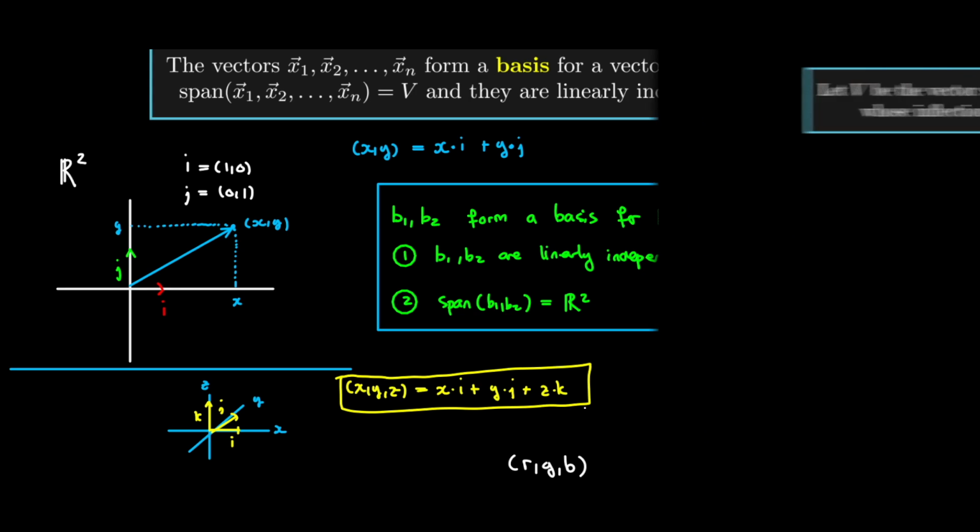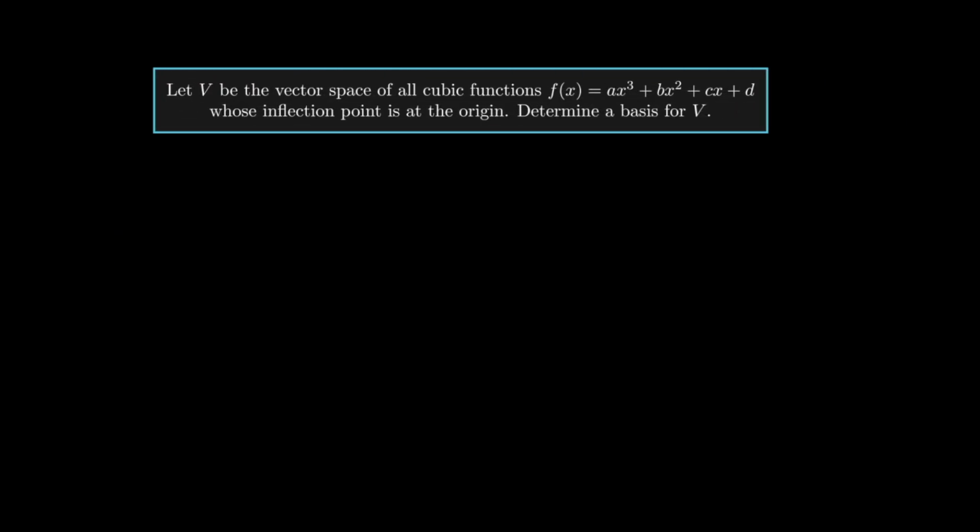All right, let's move on to an example. Okay, so let's take a look at this question here, and let's try to bring all the concepts together with this one example. So we're given a specific vector space. Let me just elaborate a bit about what this vector space is. The underlying set of the vector space is the set of all cubic functions.